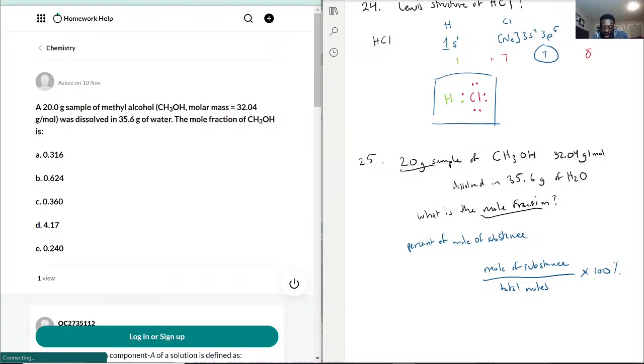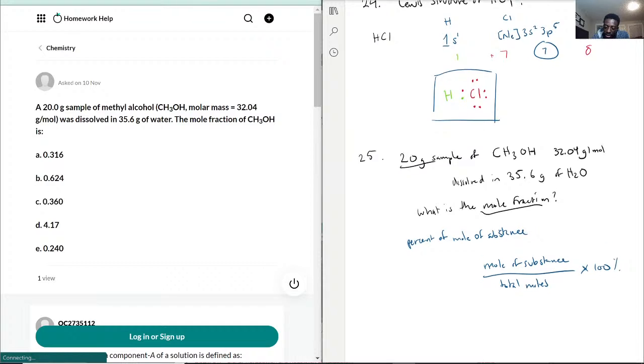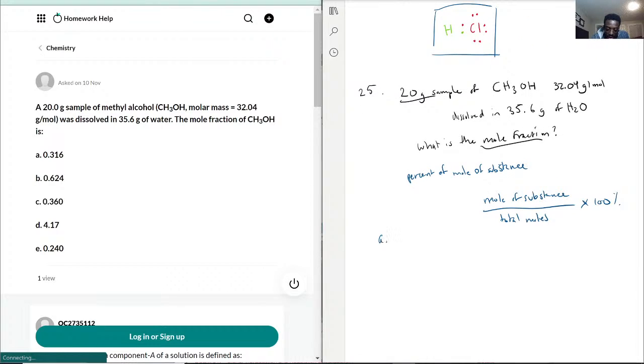Now, you're probably wondering, how do we get the mole fraction? Realistically speaking, I'm actually listing the answers here because it gives us a clue on which ones we can cancel out. So A was 0.316, B was 0.624, C was 0.3360, D was 4.17, E was 0.240.